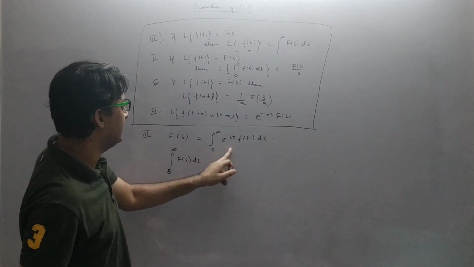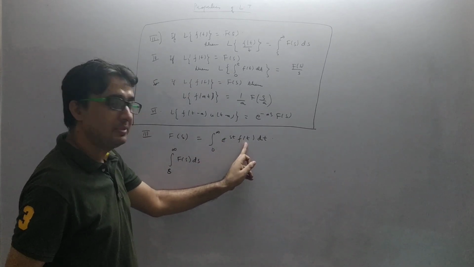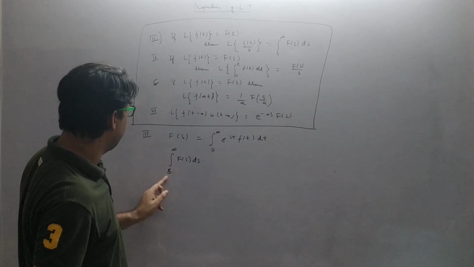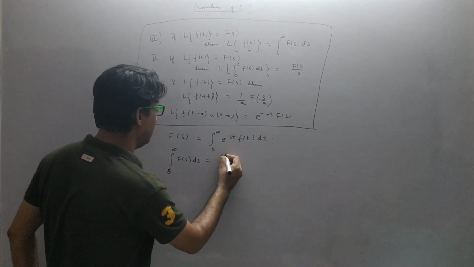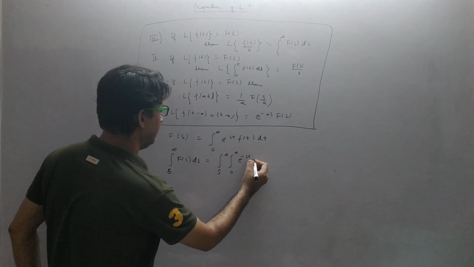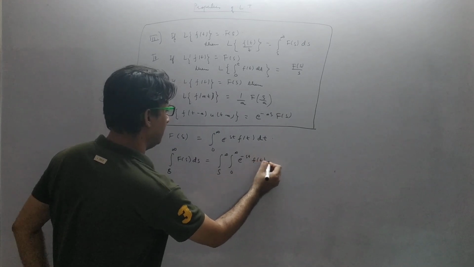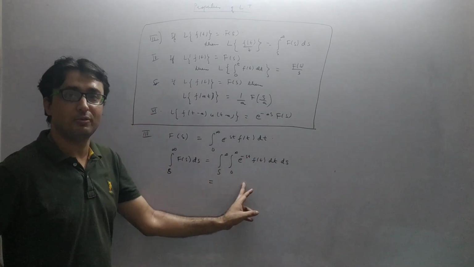We have written f of s as the definition of Laplace transform. Now we are integrating this from s to infinity. Similarly, we write it as s to infinity, 0 to infinity, e to the power minus st ft dt ds. Now we are going to change the order of integration.